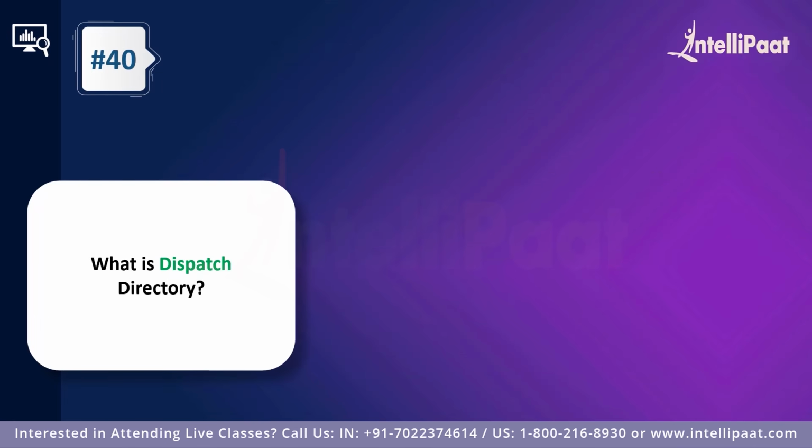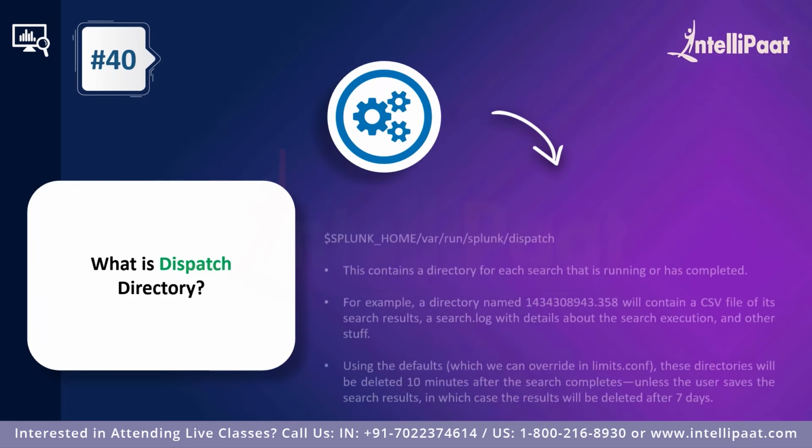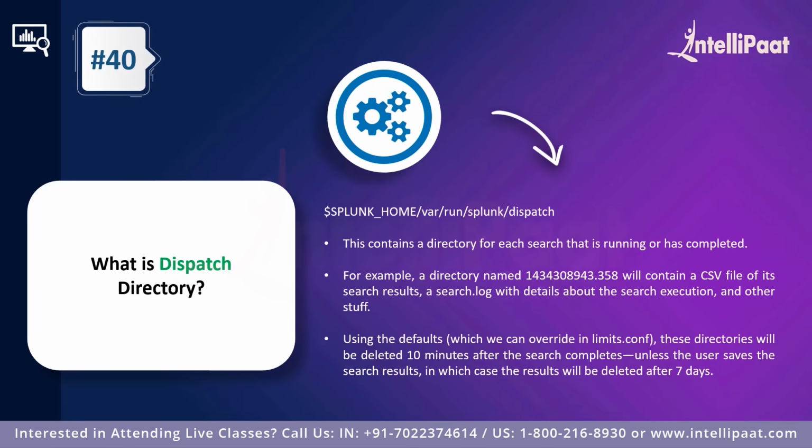And then coming to the 40th question, it states, what is the dispatch directory? Well, where is it? It's in SPLUNK_HOME/var/run/splunk/dispatch, right? This is one of the directories where every single search is contained. For example, if the search is either running or complete, you will find details about it here. Now let's say there's a directory which is named 143430894.358 or anything for that matter, and this will contain a CSV file for each of its search results.